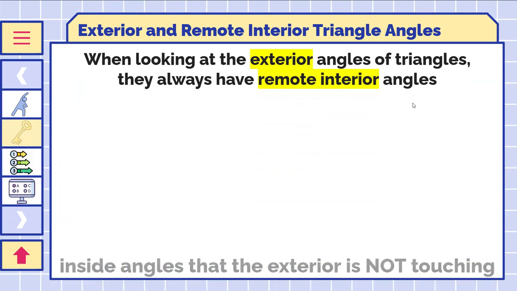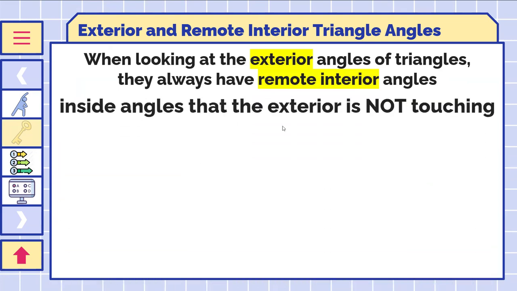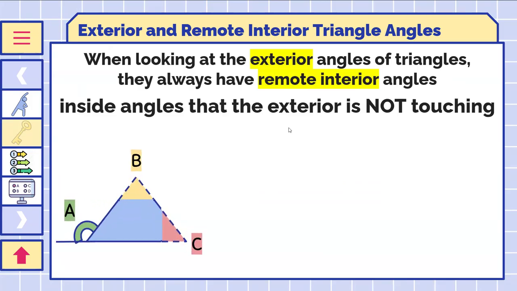This is some new vocab: inside angles that the exterior is not touching. So for instance, looking at this triangle, this is the exterior angle outside the triangle, and not the angle touching this one, but the other two inside are remote interior angles. Remote meaning they're not touching this corner, and interior meaning they're inside.